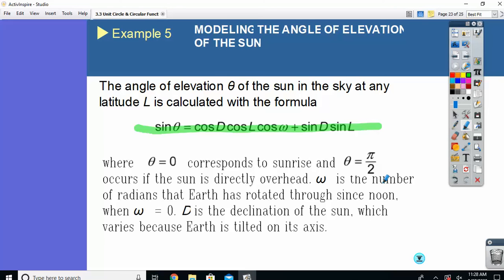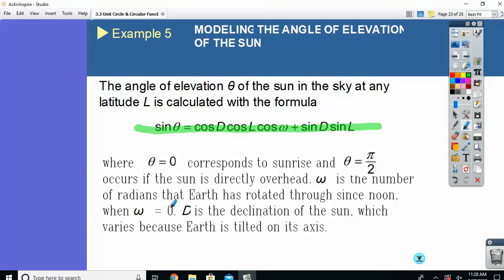It has lots of sines and cosines and different variables in it. So sine of theta is equal to cosine of d times the cosine of L times cosine of omega plus sine of d times sine of L.